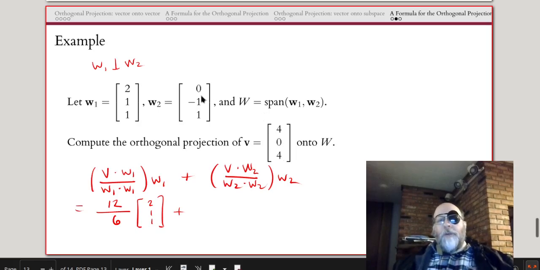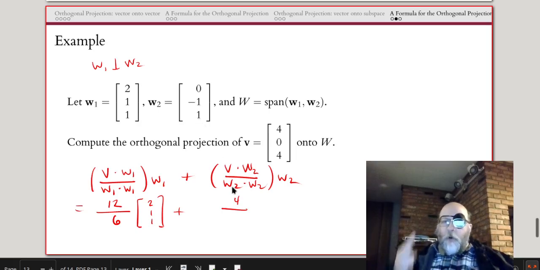So 4 times 0 is 0, -1 times 0 is 0, 4 times 1 is 4, over w2 dot product with w2. 0 times 0 is 0, -1 times -1 is +1, plus another 1 is 2, times w2, which is (0, -1, 1).